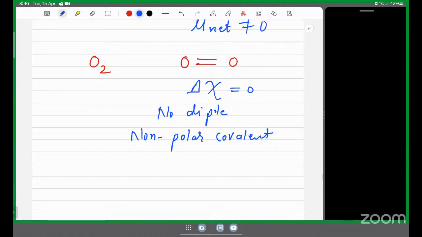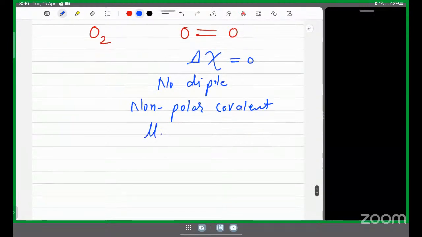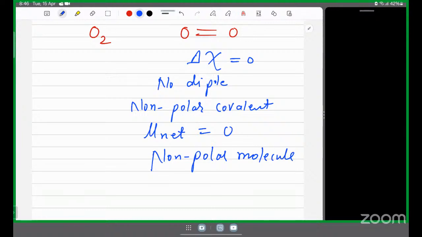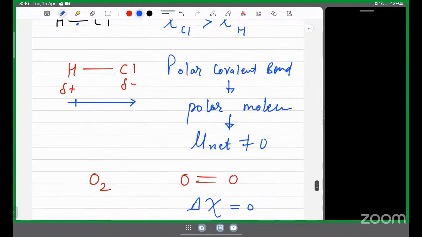There is no polarization of the bond. Understood? And the molecule in which the net dipole moment is zero is known as a non-polar molecule. So the oxygen molecule is an example of a non-polar molecule, and HCl is a molecule with polar nature.